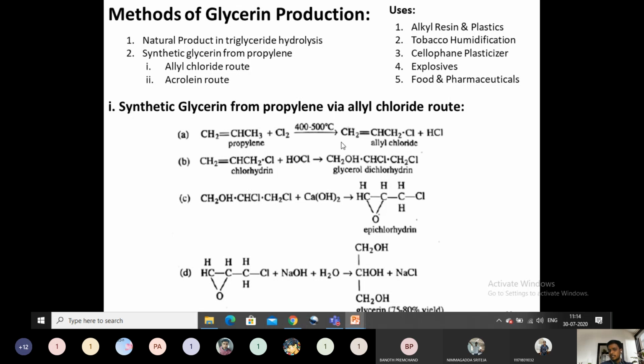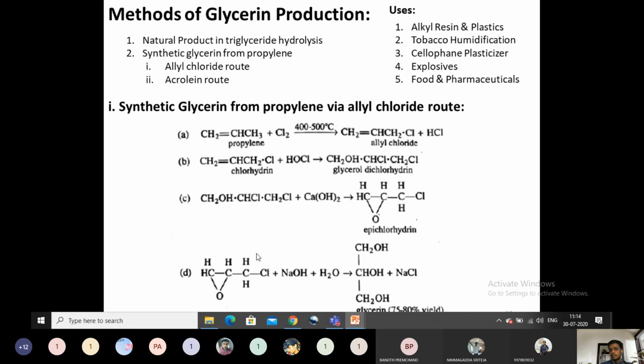This reaction will yield glycerol dichlorohydrin. Then this glycerol dichlorohydrin will react with calcium hydroxide to give epichlorohydrin as a product. This epichlorohydrin can be used for various other manufacturing, like epoxy resin synthesis, or we can use it for the synthesis of glycerin.